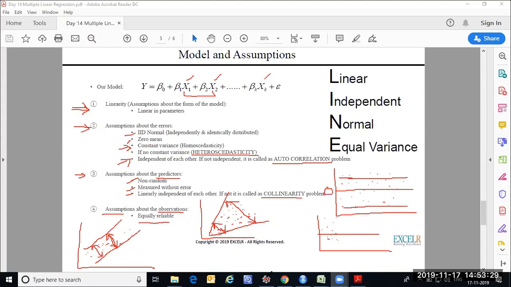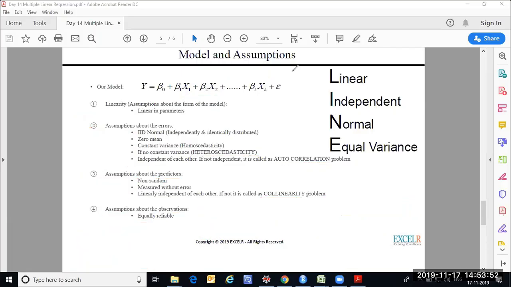Yeah, obviously, practically we are going to see how we validate all these assumptions. If a model is failing to satisfy certain assumptions, how do we deal with that? We're going to see all of them. Okay, don't be hurried. Coming back to the collinearity problem.